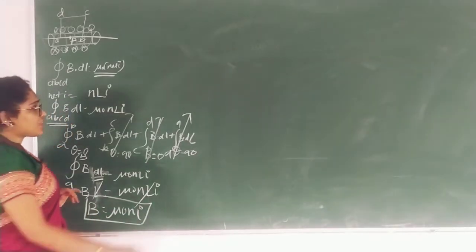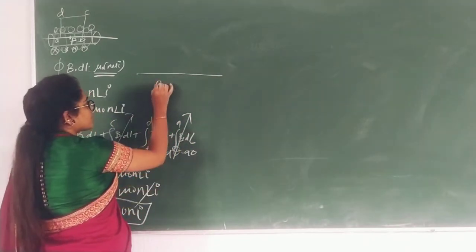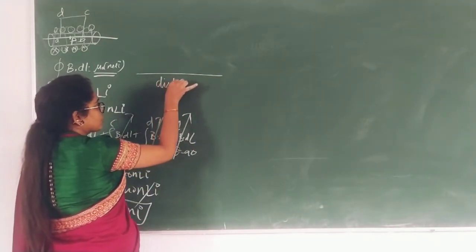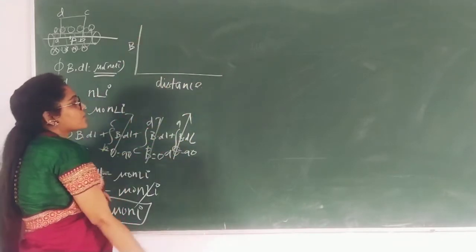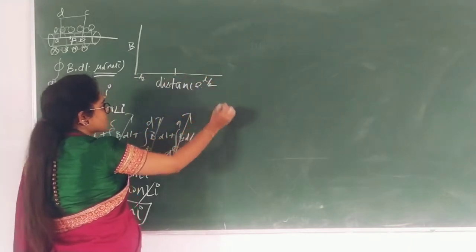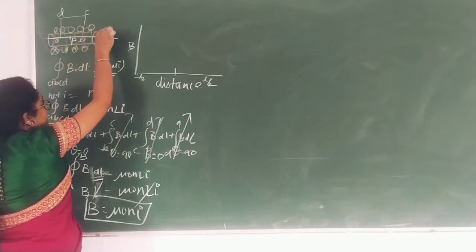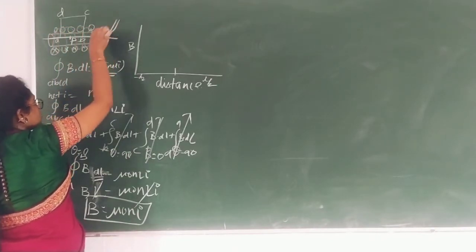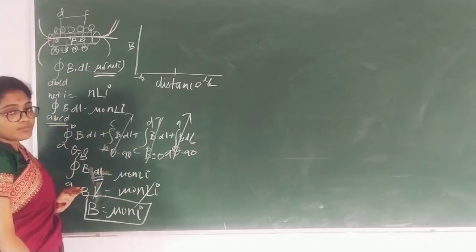Next, let us see how the magnetic field varies with respect to distance. Take minus L by 2 to plus L by 2. I said it is a straight line inside, and at the edge the curve goes like this, just like a bar magnet.